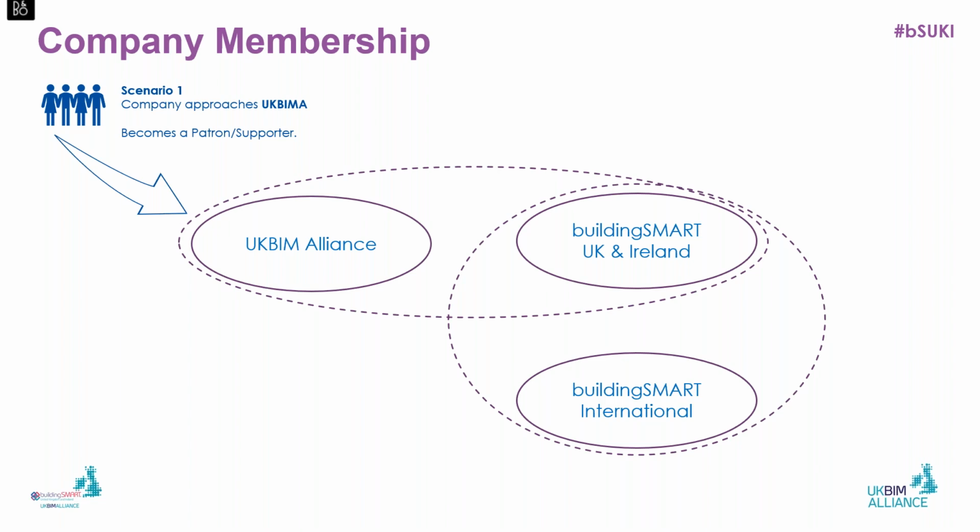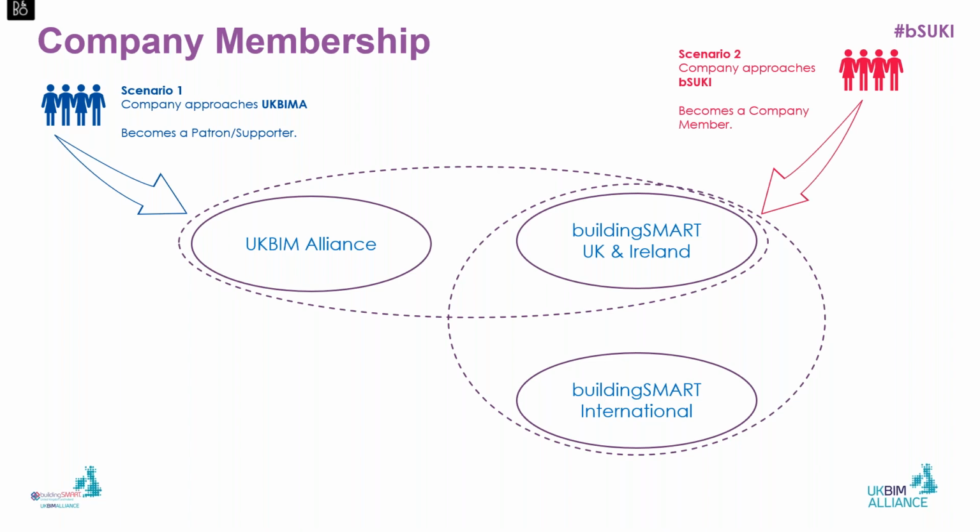So in this scenario, we've got a company, probably UK based, becoming a patron or supporter of the UK BIM Alliance. They obviously have access to Building Smart UK and Ireland. And Building Smart UK and Ireland have the opportunity to assign a representative for a particular room, and we'll come on to the rooms in a minute, to represent Building Smart UK and Ireland at that international level.